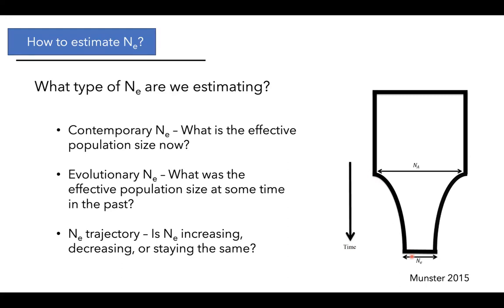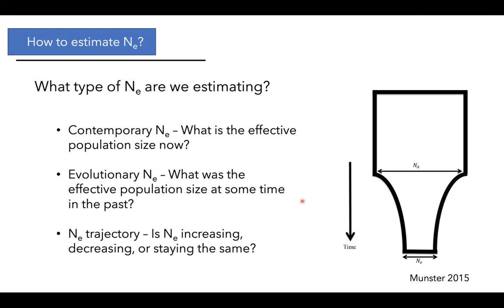What kind of NE you're trying to estimate reflects where you are in time. You might be focused on estimating the contemporary NE, looking at what the effective population size is now, or some methods are going to be more concerned with the evolutionary NE: what was the effective population size at some time in the past?